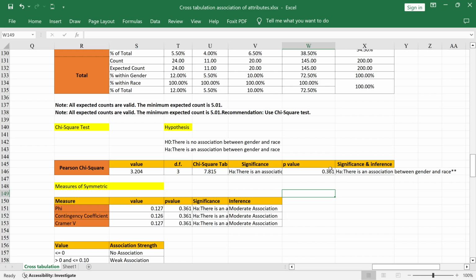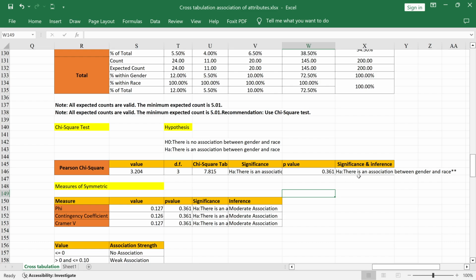You need to compare this p value with the standard alpha value, which is 0.01 or 0.05. Already we did everything over here, so you can see our significance and inference from this test: HA is accepted and H0 is rejected.